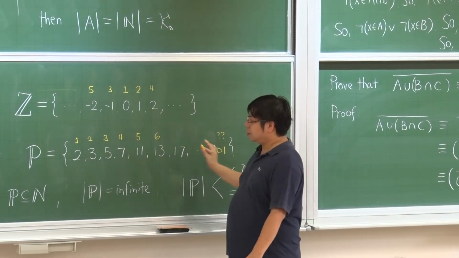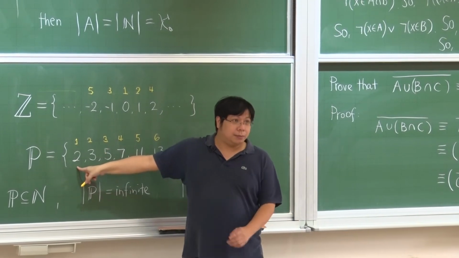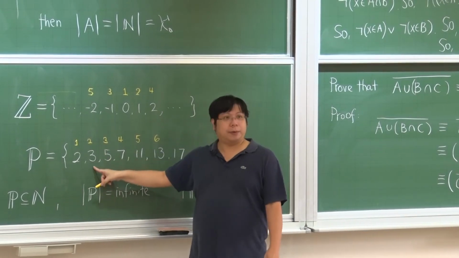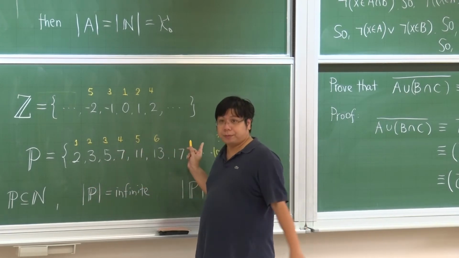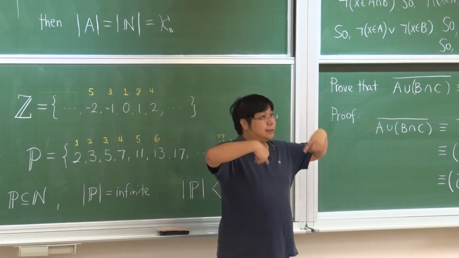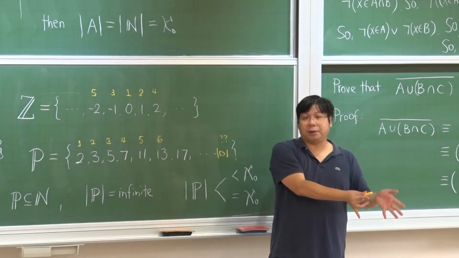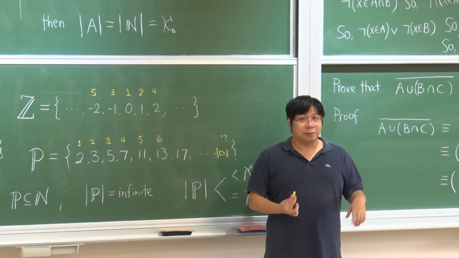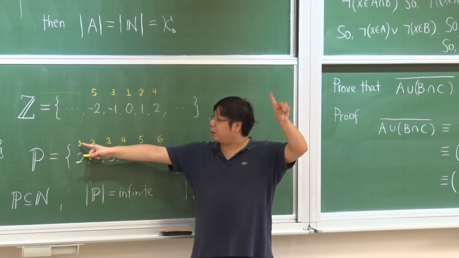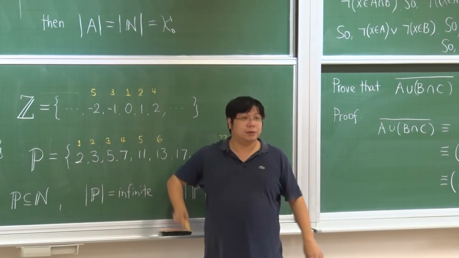The rule here is you first list out the smallest prime, then the second smallest prime, then the third smallest prime, and so on and so forth. By doing this listing process, you're actually giving the correspondence, because the first smallest prime corresponds to 1, the second to 2, the third to 3.